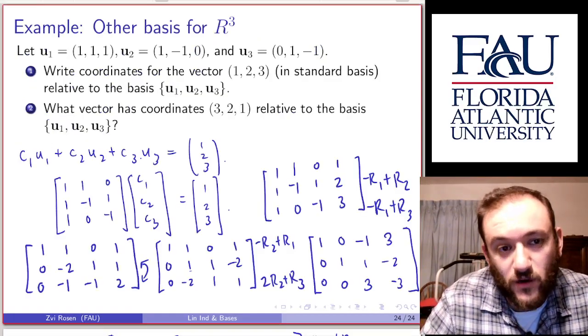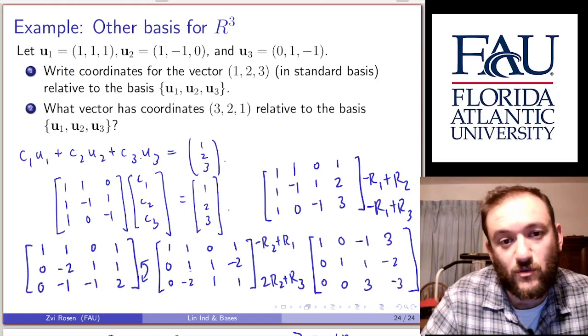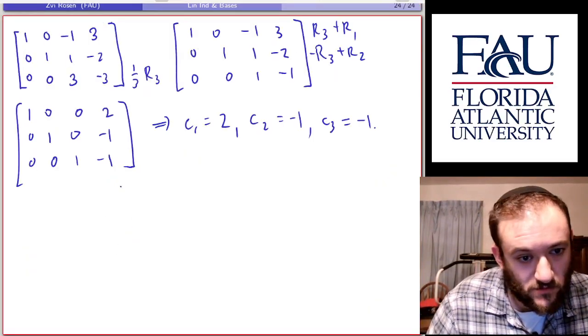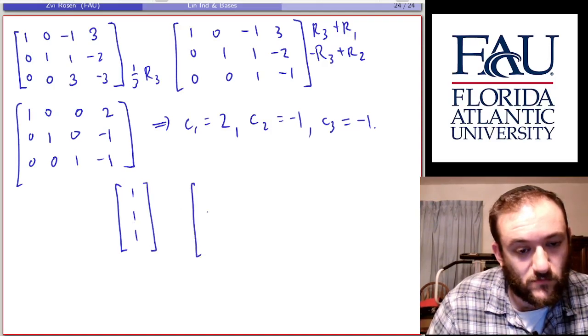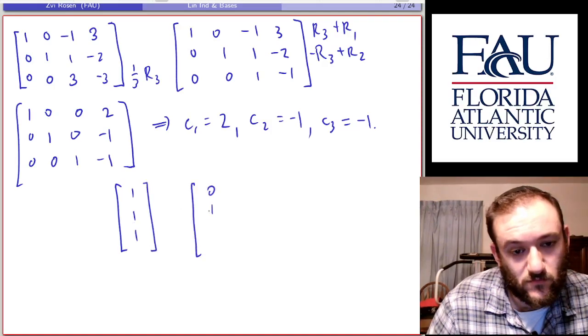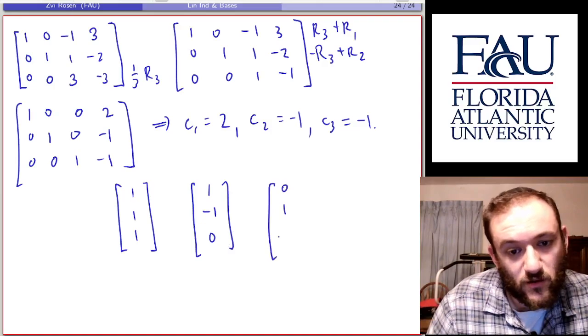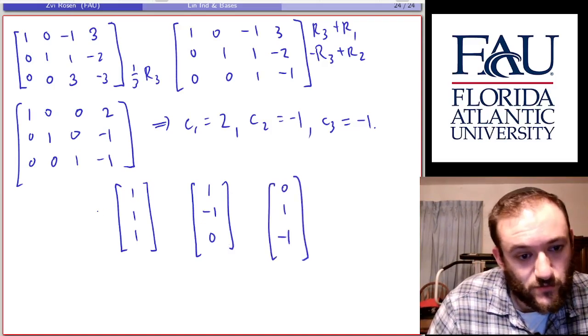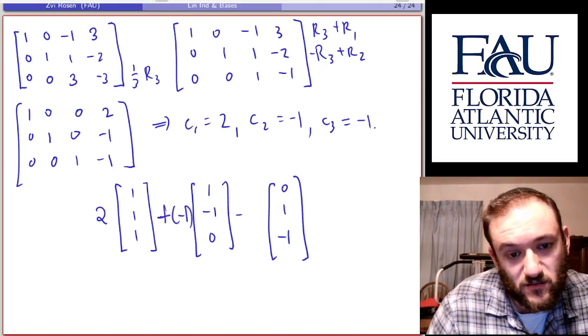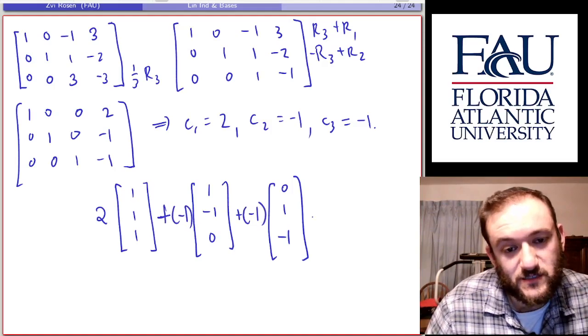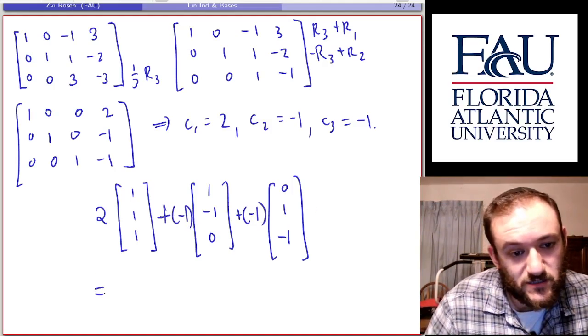It's (1, 1, 1), (1, -1, 0), and (0, 1, -1). So we should be able to take 2 times the first plus -1 times the second plus -1 times the third.